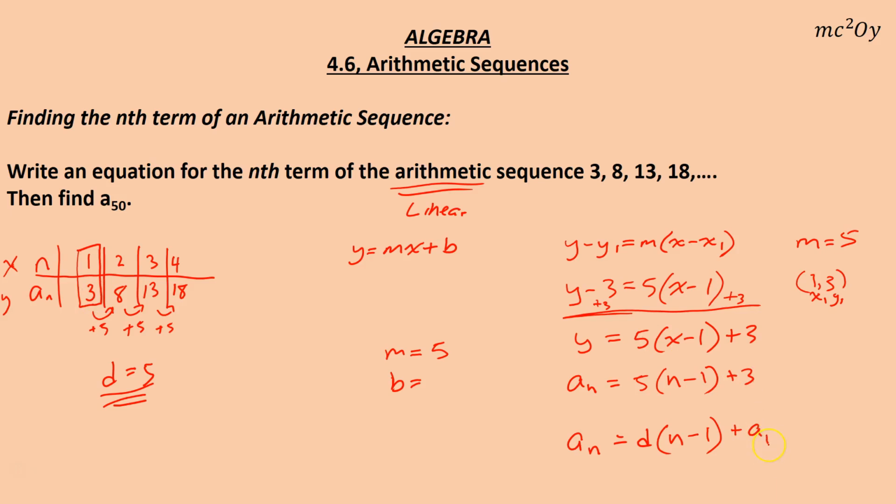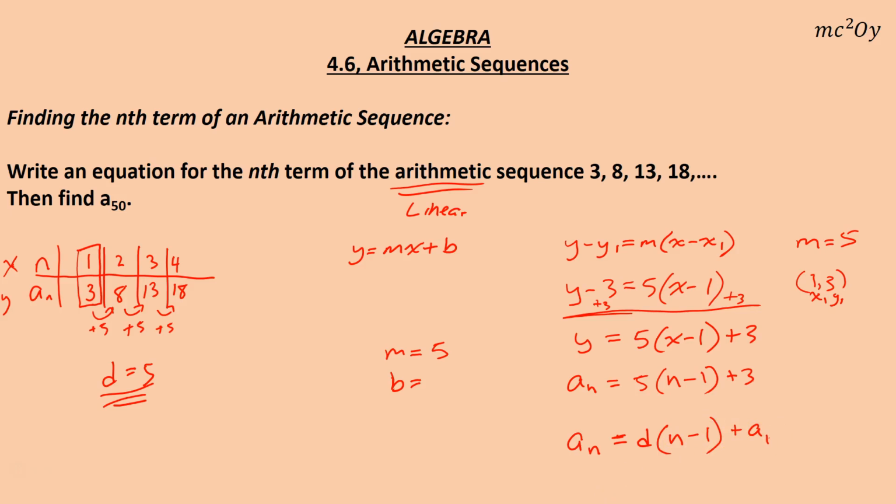Now, that is pretty darn close to what we call the explicit formula for finding an arithmetic sequence. Notice I didn't change the 1 because the 1 is always 1. A sub 1 means our first term, so we keep 1 right there.